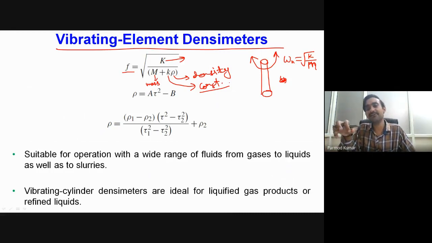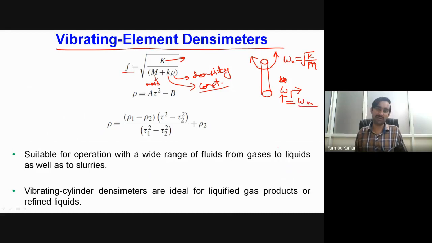Generally the principle is that whenever we introduce different samples, they change the natural frequency. In order to oscillate our object, we supply an external forcing frequency and vary it until resonance occurs. The resonance condition tells us that our forcing frequency W1 has become equal to the natural frequency of the system.